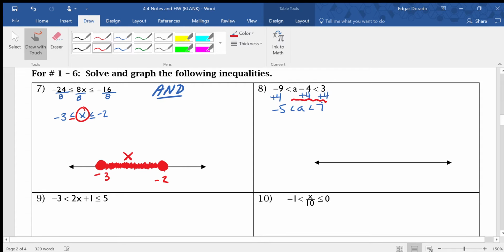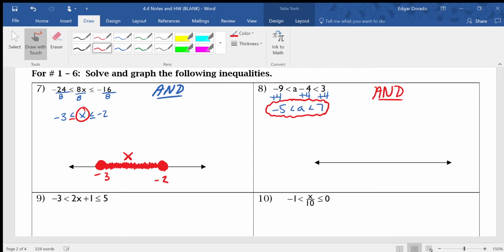And again, my variable a is in the middle, so this is also an "and" inequality. So I'm going to put my smaller number on the left, larger number on the right. I know my x goes here, and so I'm going to shade in the middle. Now it's just a matter of whether I have open or closed circles.